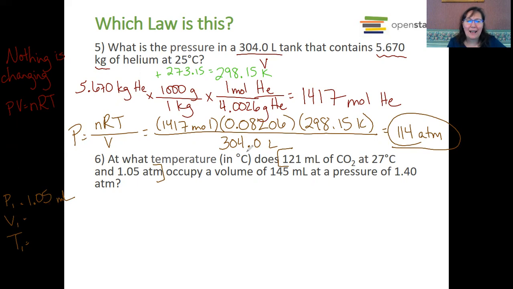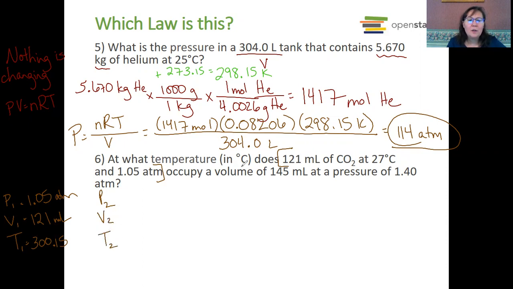Unless I'm dealing with the ideal gas law, I can leave this 121 milliliters in milliliters because this isn't going to be the ideal gas law. And temperature, we have 27 plus 273.15 gives us 300.15.